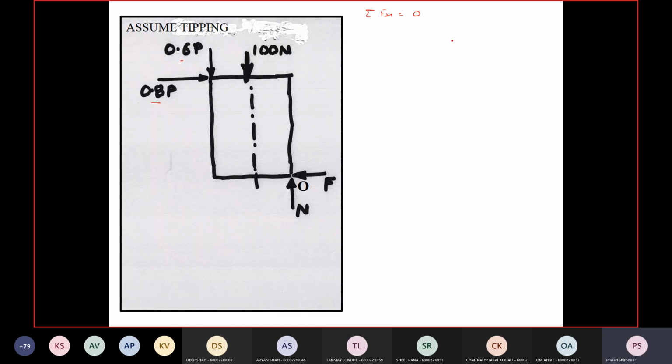So summation Fx is 0. This is 0.8P minus F is equal to 0.